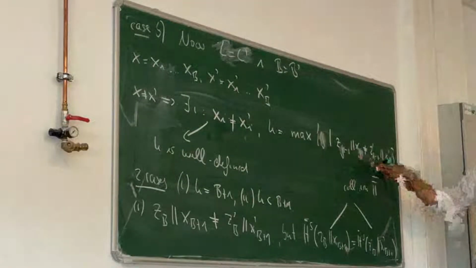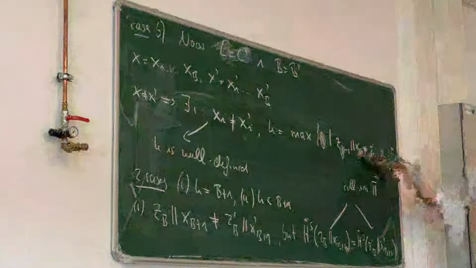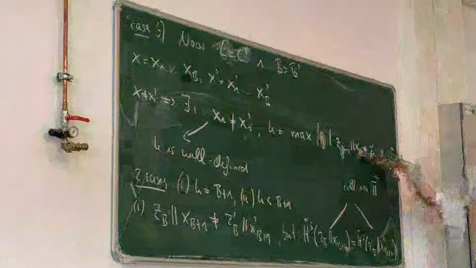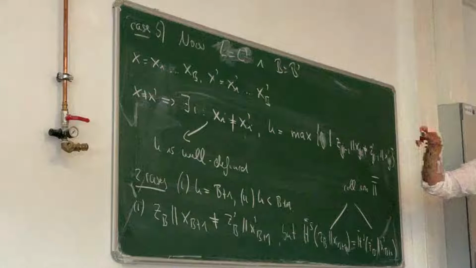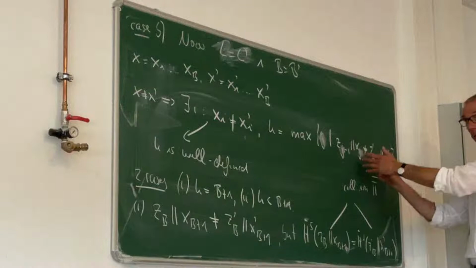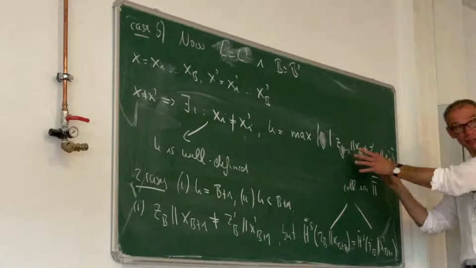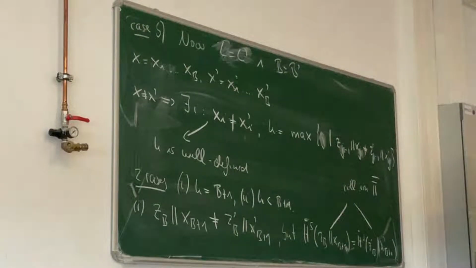I want that beyond that, these two are the same. Before they were different, so at k they are still different, but at k plus 1 they are the same because k is the maximum. And that will lead to a collision.